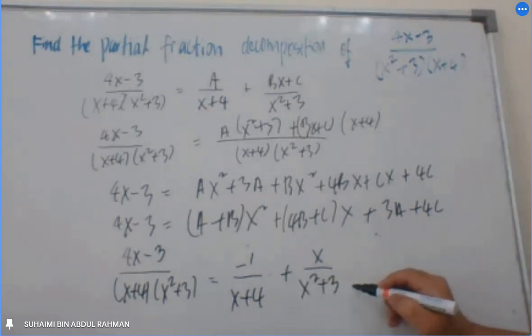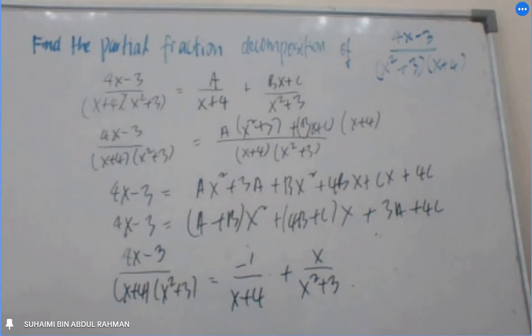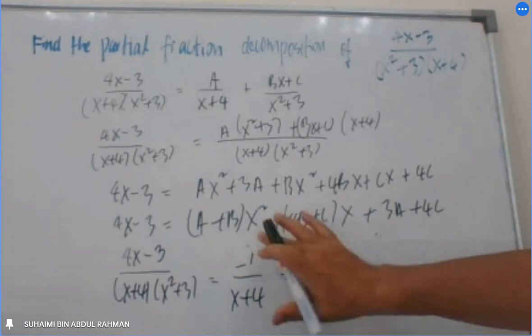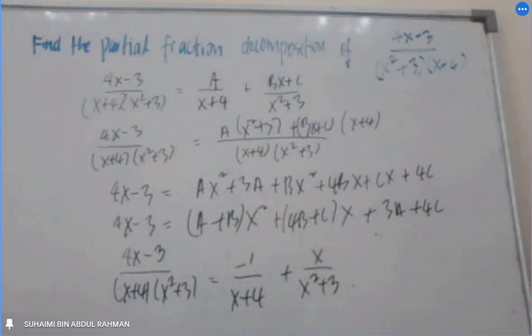You are supposed to get A is -1, B is 1, and C is 0. We do a simultaneous equation.